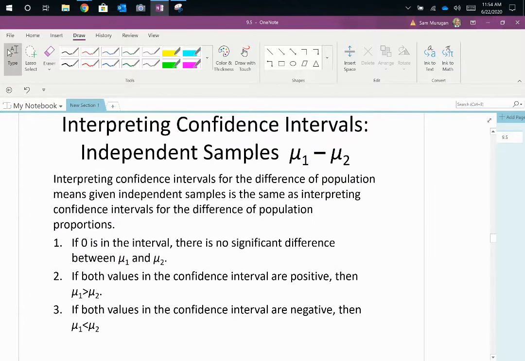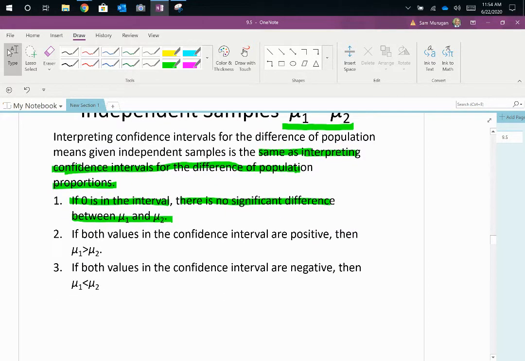Now, interpreting confidence intervals for independent samples, mu1 minus mu2. Interpreting confidence intervals for the difference of population means given independent samples is the same as interpreting confidence intervals for differences of population proportions. If 0 is in the interval, very important, there is no significant difference between mu1 and mu2. Okay, that is important.